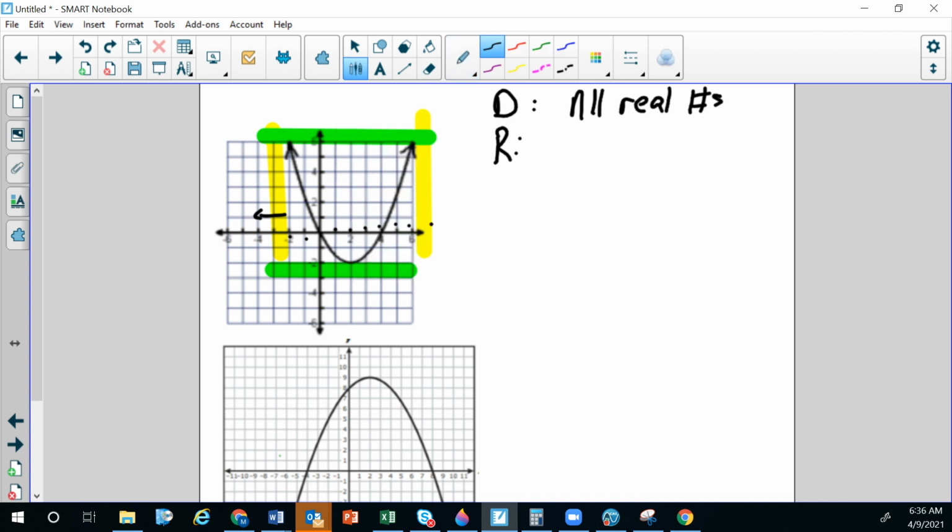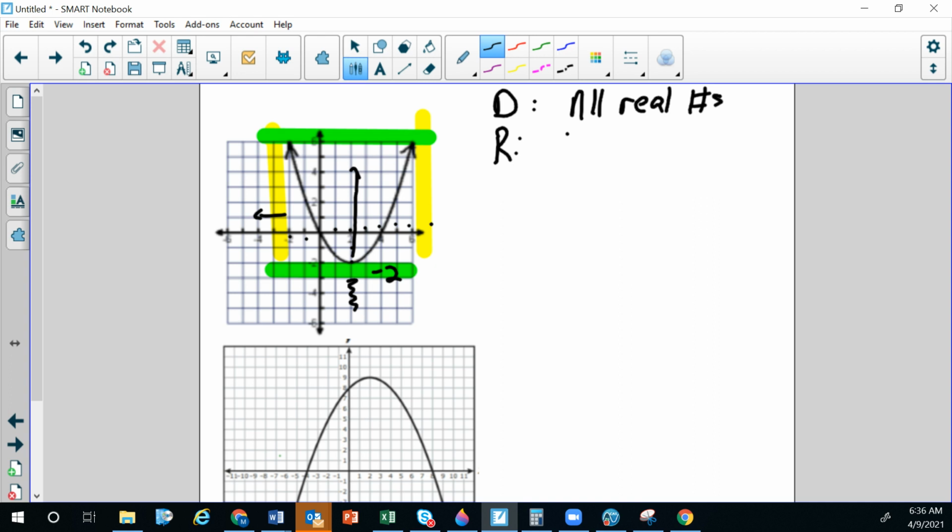Now, on the lowest point, let's count out the units. Okay, so this is -1, -2. The lowest point is -2 on the graph. If you notice now, there are no y values down here. All the y values for this graph are going this way. All right. Therefore, the range is going to be all the y values that are greater than or equal to -2.